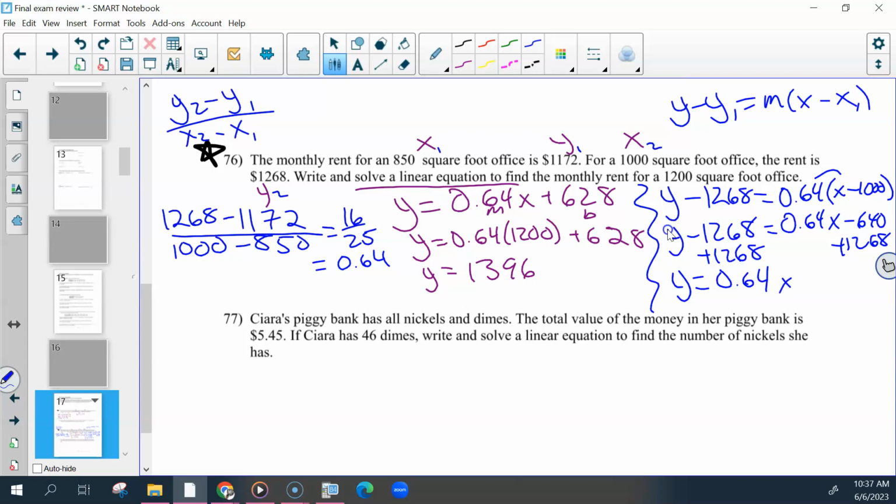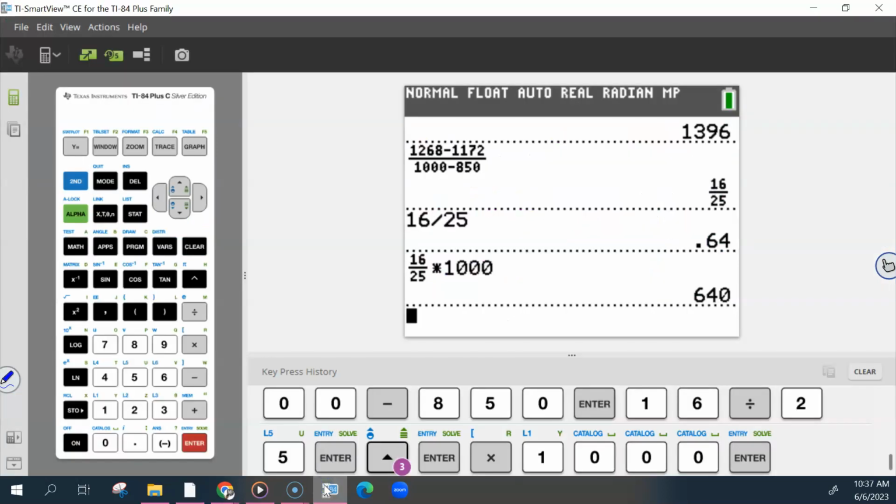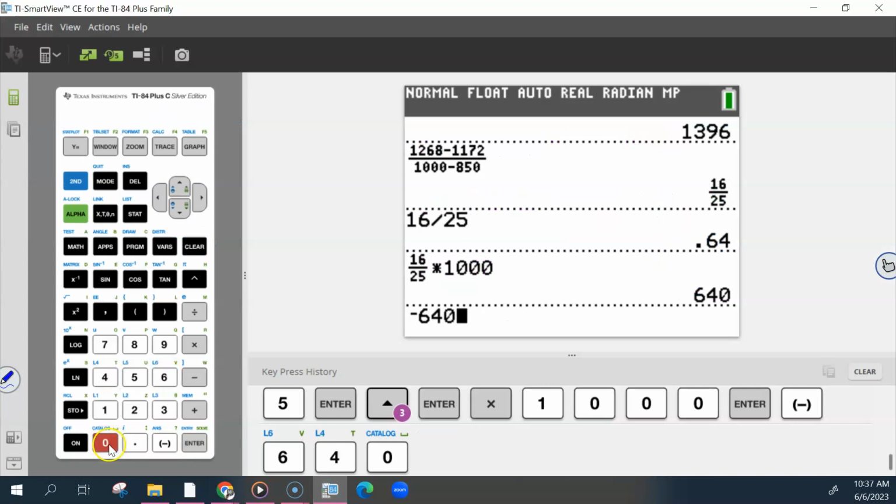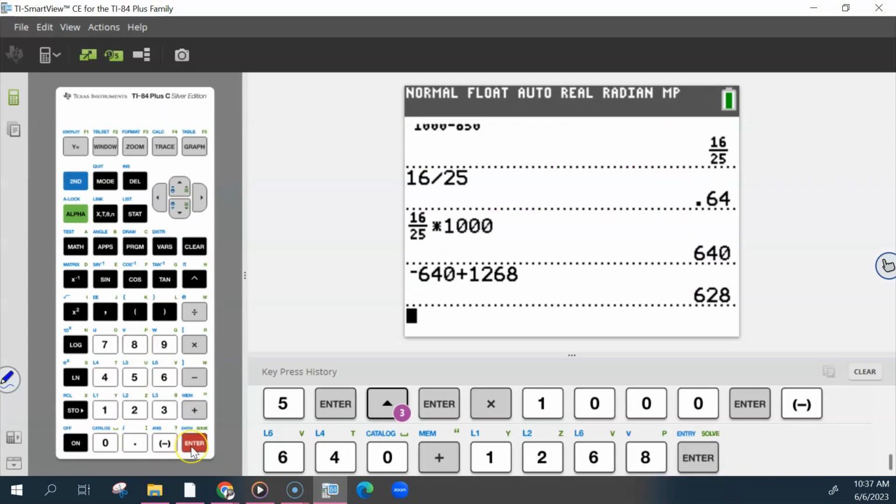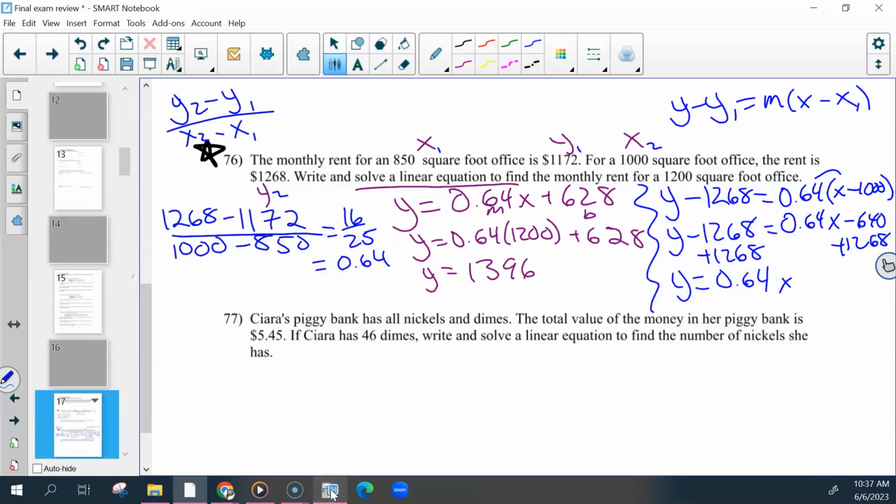And when we add those together, we should get 620. So doing it algebraically has more steps, but it still works as long as you do the math correctly.